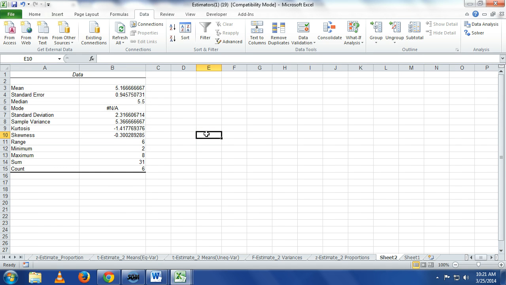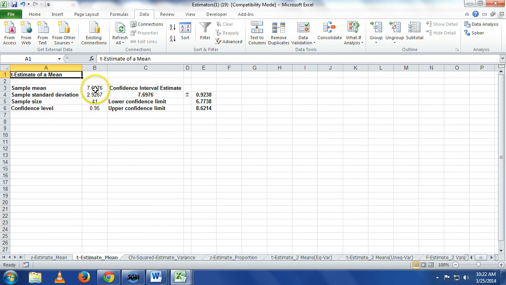It says mean. My standard deviation is 2.3. So if I went back to that T-estimate mean, I would plug in the sample mean, the sample standard deviation, the sample size, and the confidence level, and over here it would give me the confidence interval, right? You guys follow that?